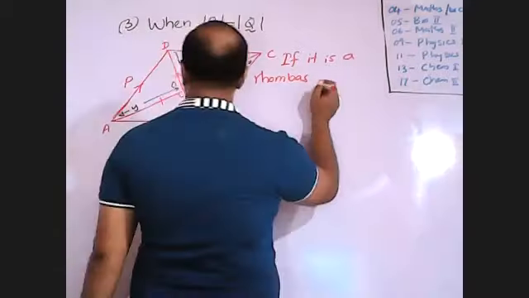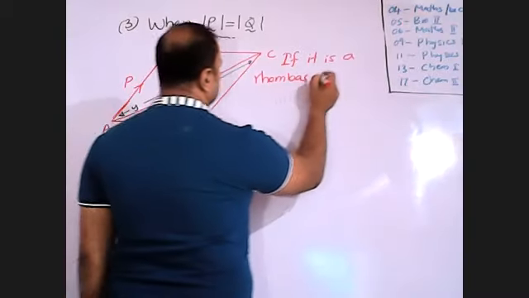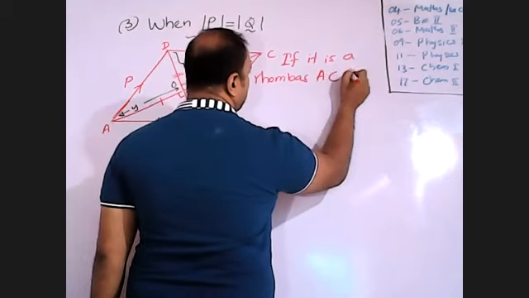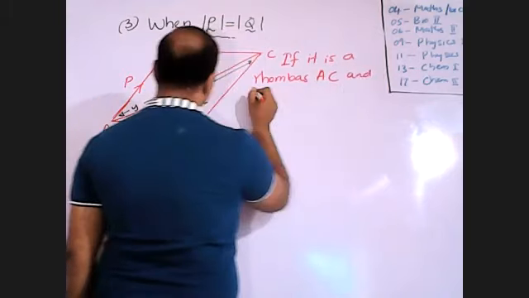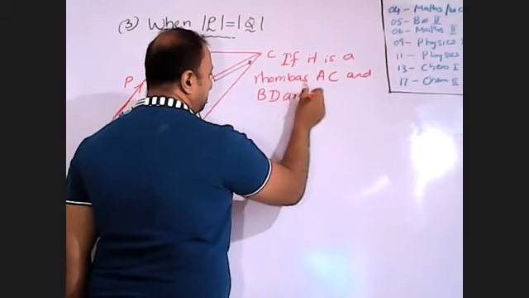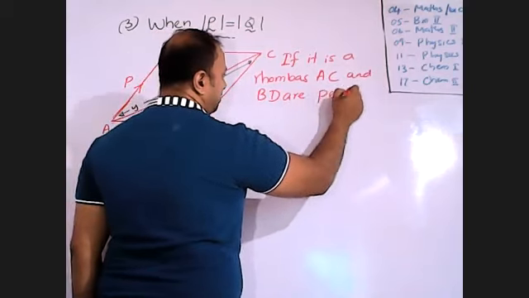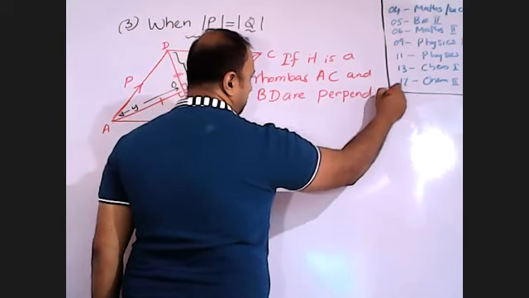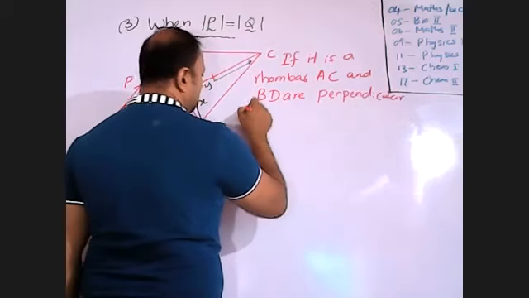If it is a rhombus, then AC and BD are perpendicular bisectors.